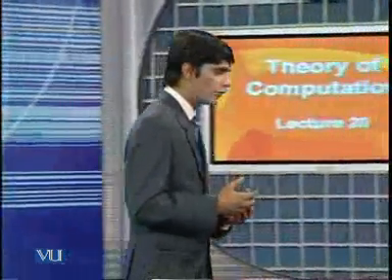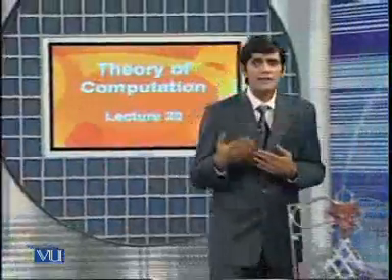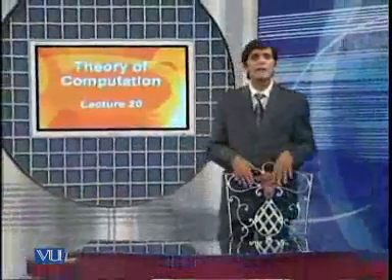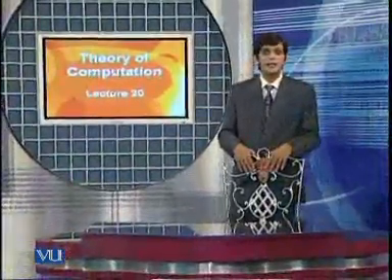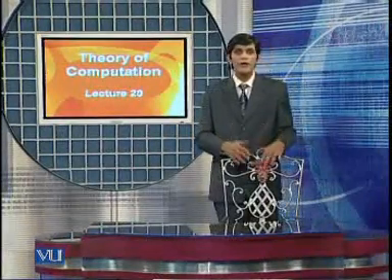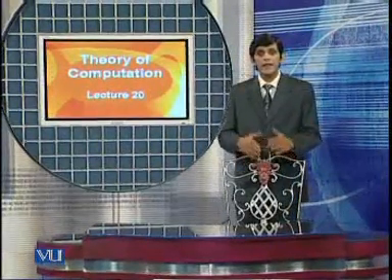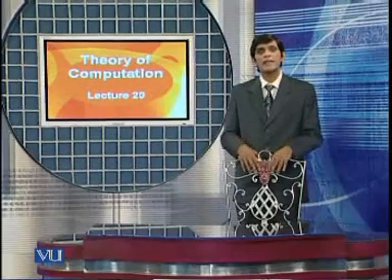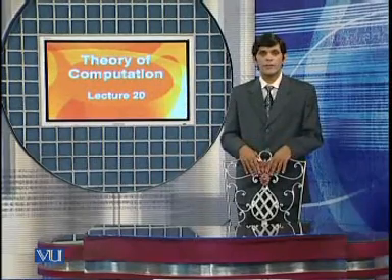So every property is just taking strings of zeros and ones and assigning it true or false, which means it says these are the strings that have the property and these are the strings that do not have the property. For example, P could be that a string has exactly n over 2 zeros.